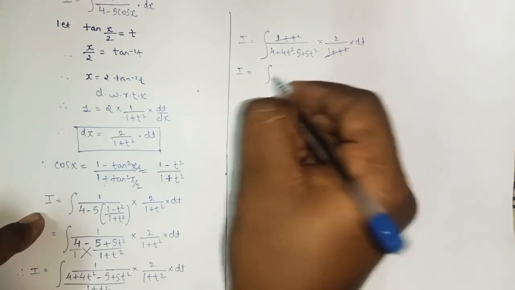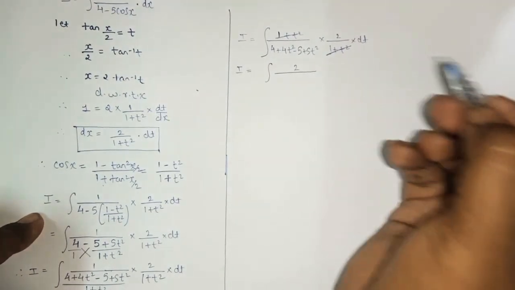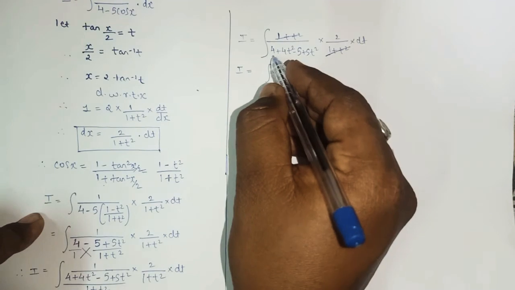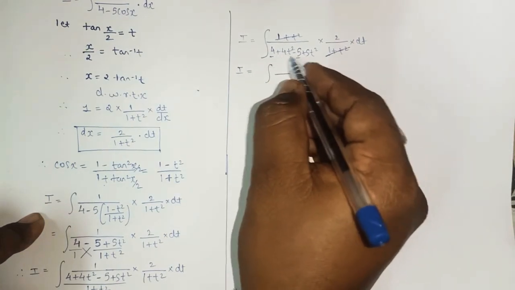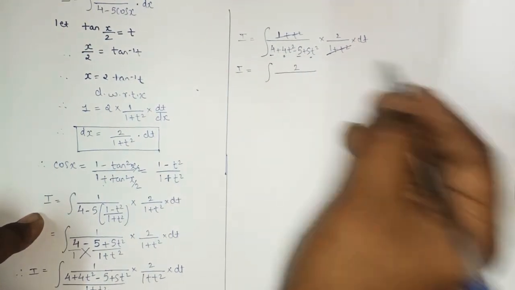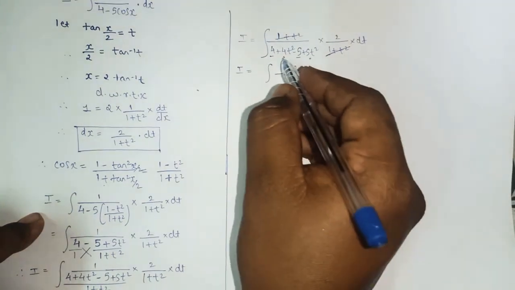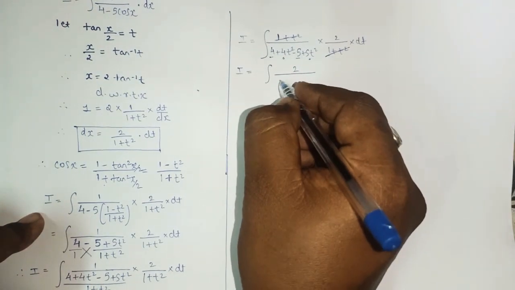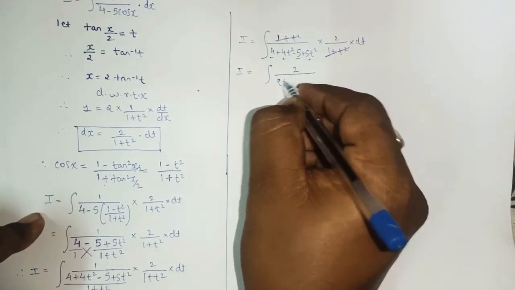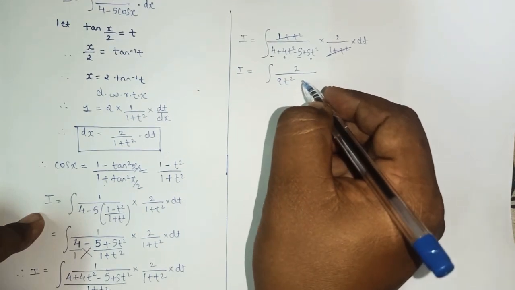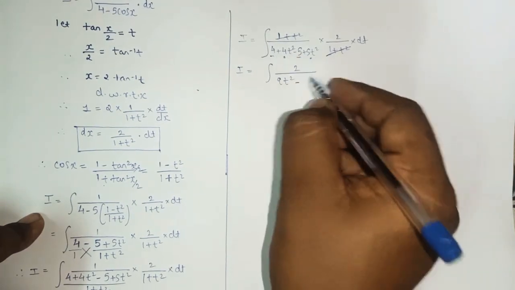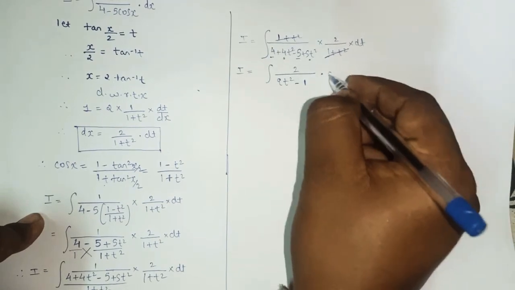I equals integral 2 upon, here we have the like terms, the numbers as well as the square part. So 4 plus 5 will be 9t square, yes or no? And this 4 minus 5 will be minus 1 into dt.